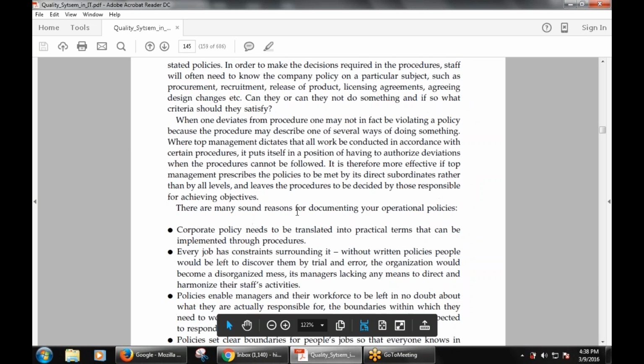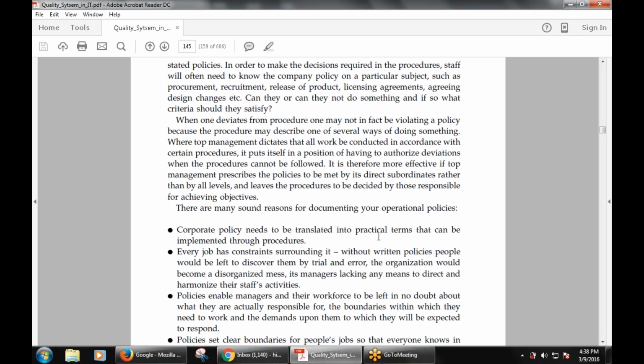And there are many reasons why we are documenting the operation policy. Control policy and corporate policy need to be translated into practical terms that can be implemented through procedures, and every job has constraints surrounding it.